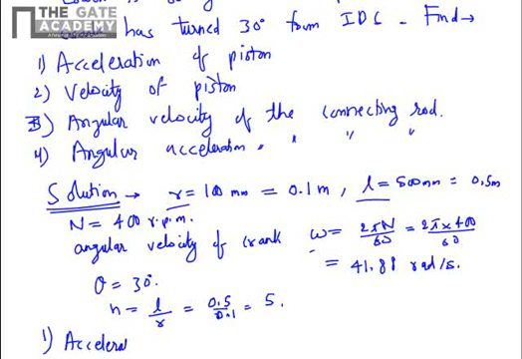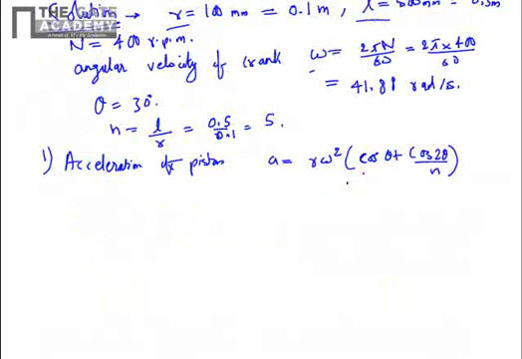For acceleration of piston, the formula was a is equal to R omega square into cos theta plus cos 2 theta by n. So we are using the exact expression here. The simplified one was R omega square cos 2 theta by n.